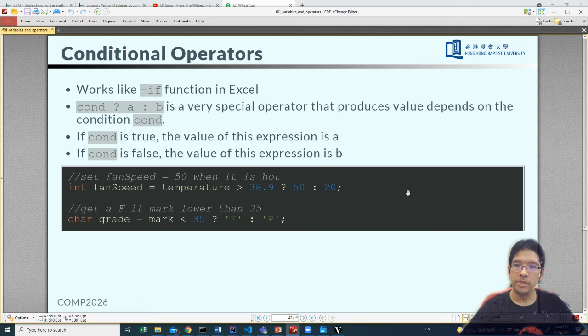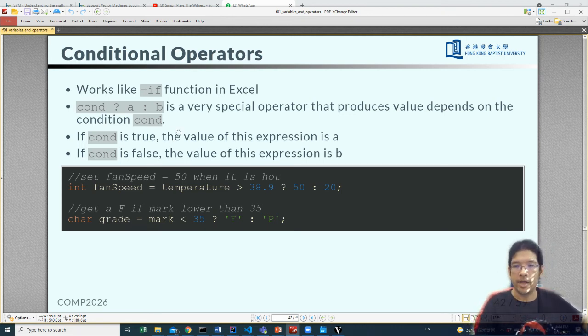The next one is conditional operators. Conditional operators work like the if function in Excel. I'm not sure how good you are at using Excel, but in Excel we do have this if function, which is very, very useful. Now the condition will be evaluated as true or false.